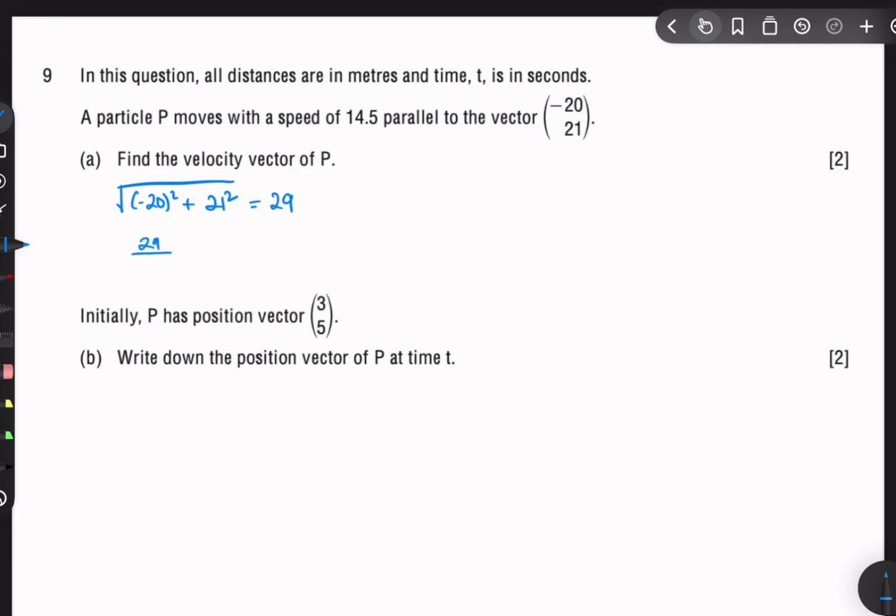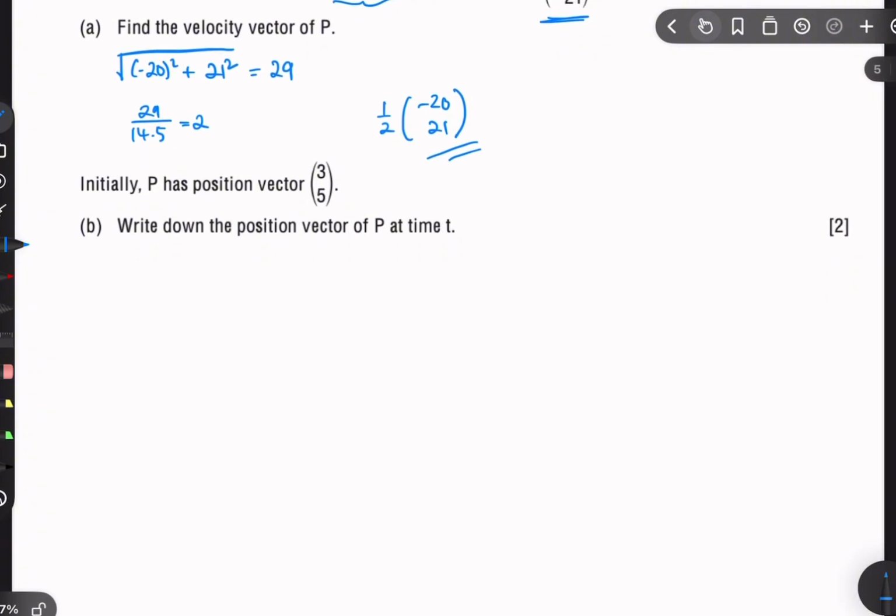So if we divide 29 by 14.5, we'll get 2. This means that the vector here is 2 times the speed vector. So to find the velocity vector of p, where it moves at 14.5, we would have to half the velocity vector given. So this would be the answer.